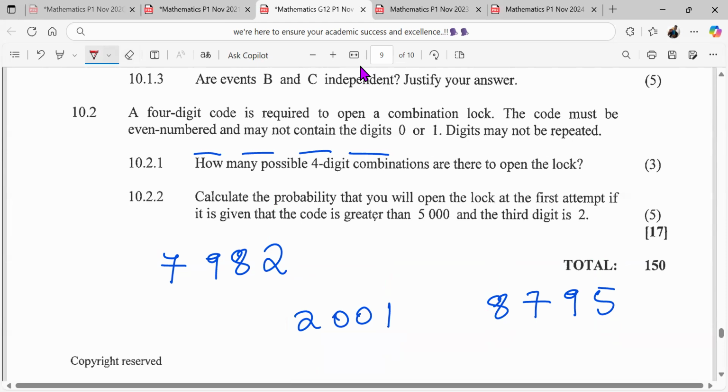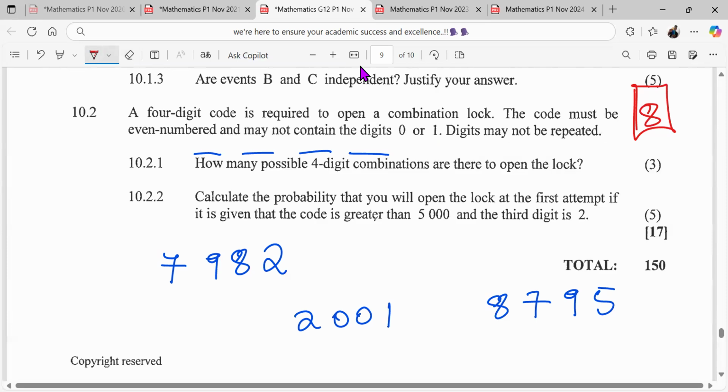Then they say the code must be an even number and it may not contain the digits 0 or 1, which means that we are only allowed to use 8 digits in order to form this combination lock. Well, that's fine. Then they say no repetition is allowed. Well, that's very, very good. So let's go. The question here is asking us how many possible four-digit combinations are there to open the lock?